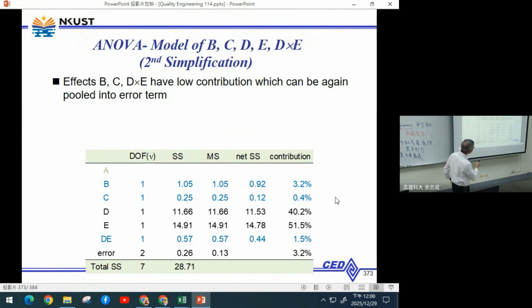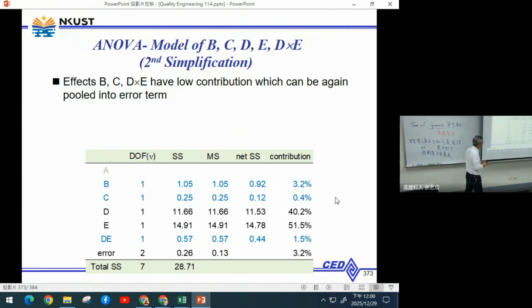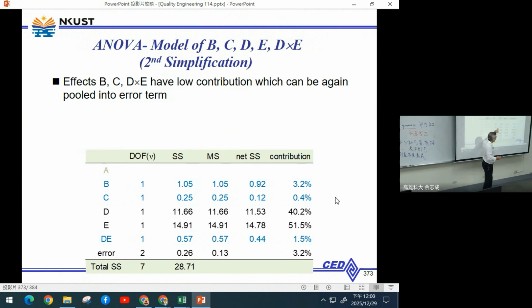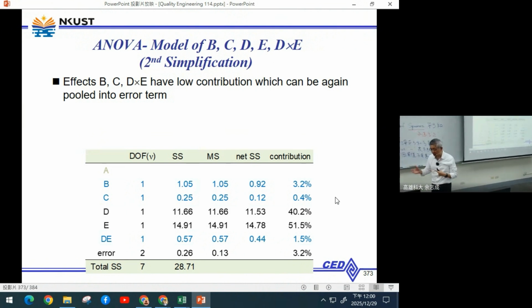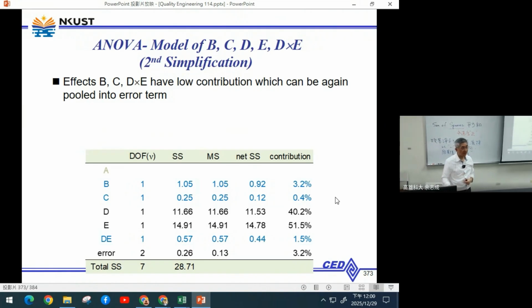So they can be, not has to be, pulled into the error term if you want to simplify your model, just like what we did before. And you can start from the smallest one, change one by one. Because whenever you delete one effect in your model, your ANOVA will be changed.